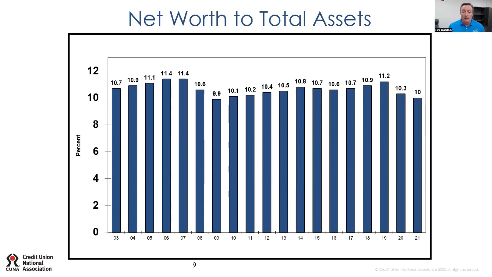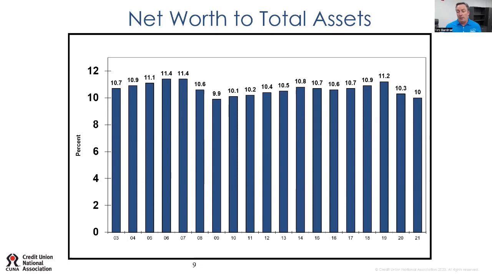And so, like I mentioned, net income is closed out to undivided earnings. Well, if it's positive net income, it helps the undivided earnings rise. If it's negative net income, then undivided earnings are going to go down. And so that's why for us in credit unions, when we look at net worth, the actual dollar amount of net worth, what tends to drive that is how our net income is doing, how our bottom line is doing.